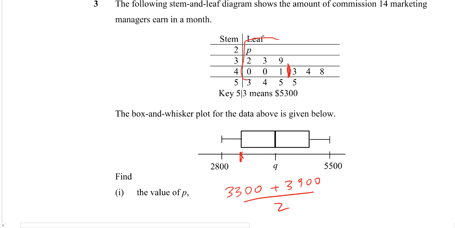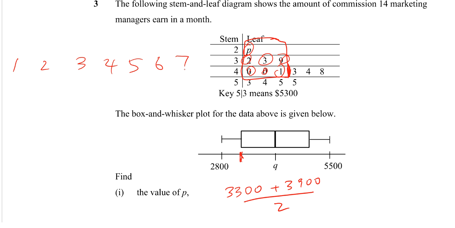Now, out of this 7, I need to find the median position, which is the lower quartile position, right? Out of 7, where is the middle? If I list them all, 1, 2, 3, 4, 5, 6, 7. Which one is the middle position?